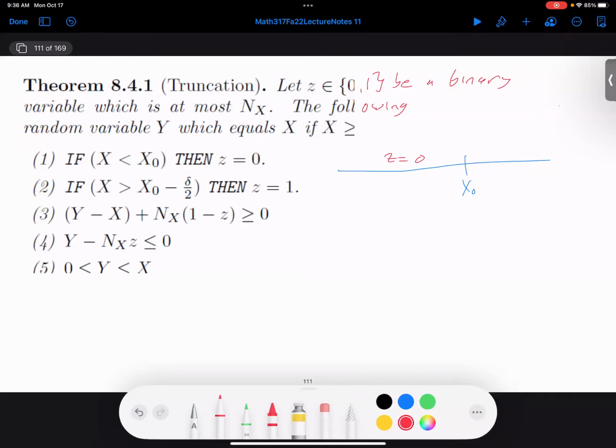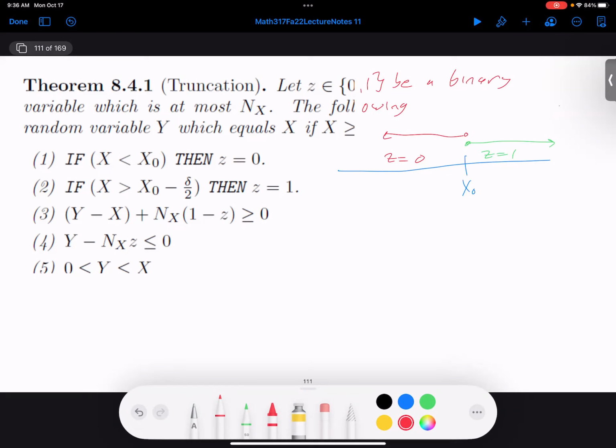So I'm going to assume x naught is going to be a multiple of delta. So if we take delta halves, then that's going to be from this point forward. This will be z equals 1. And this will be like an open point in this direction. Z will be 0.